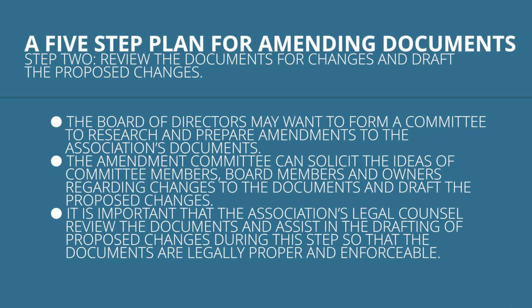Step 2 is going to be the longer step. Okay, this is going to be the step where you review the association's documents and changes, and make whatever changes you want in the document. So how we recommend that you do this is take the document, whatever document you're trying to amend, the CC&Rs or the bylaws, put it in Word format, and have the track changes function in place on the document.